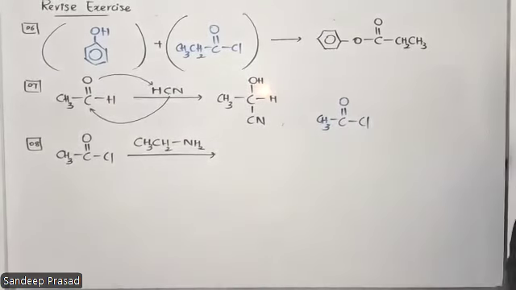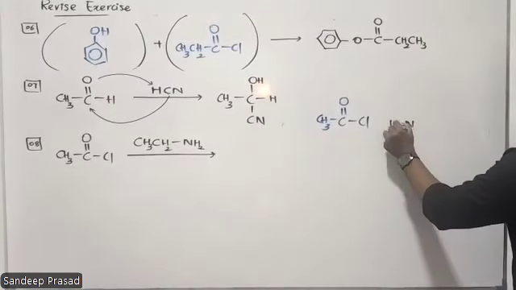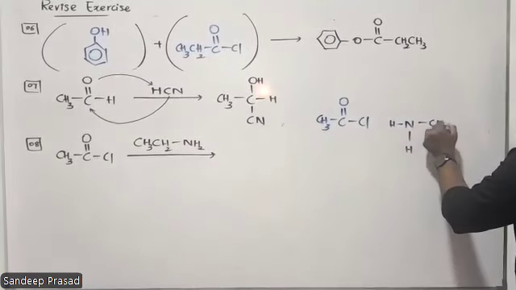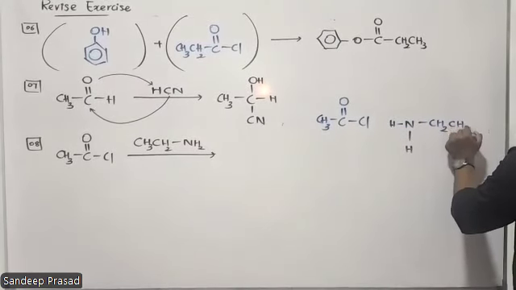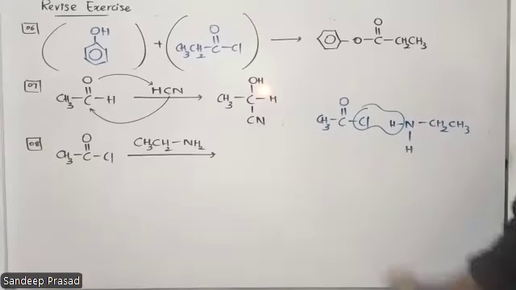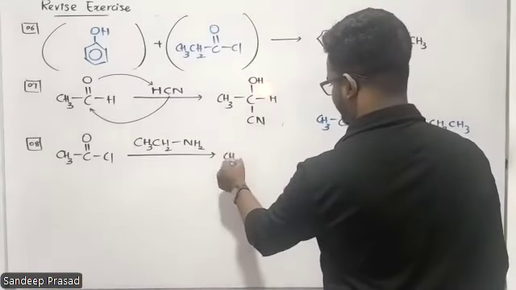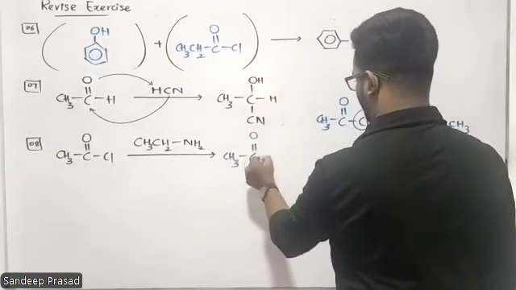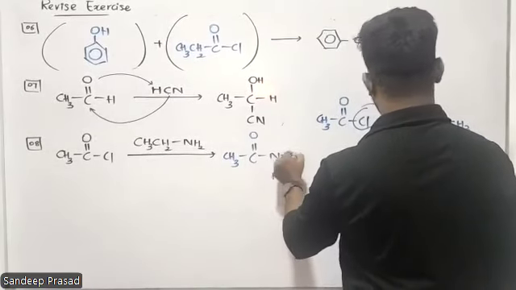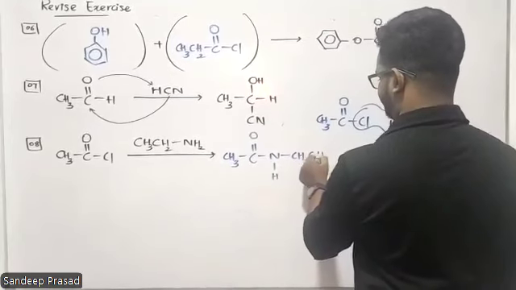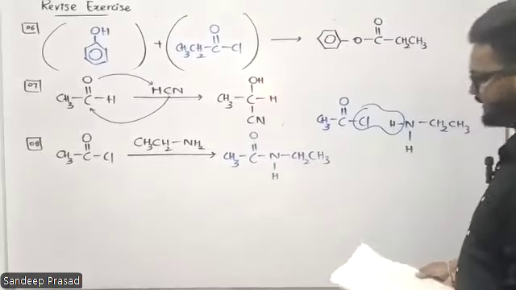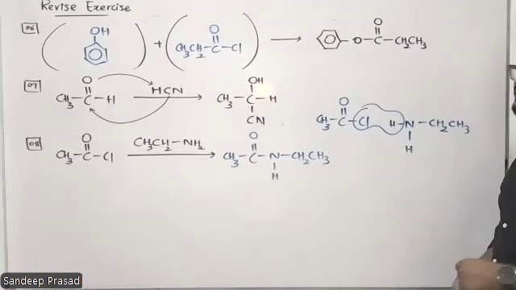This is an acid halide. This is reacting with this amine, a primary amine, in this way, CH2, CH3. Hydrogen is eliminated with chlorine. Then it is producing an amide, CH3, C double bond O, NH, CH2, CH3. Right? So this kind of an amide is produced in this way. Okay.